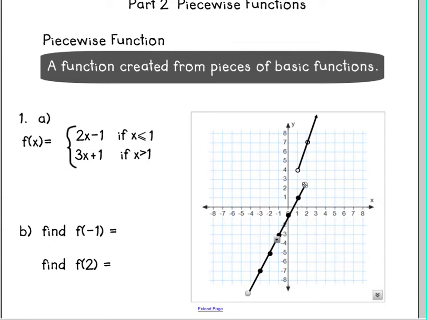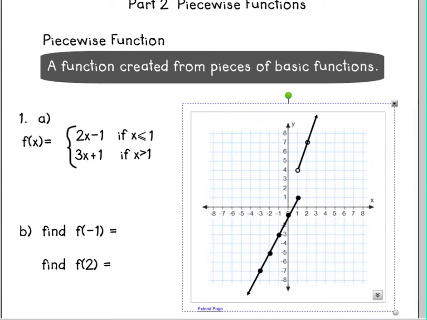I need x's that are equal to 1 or less. So I am going to have it start right there, and that's where the closed circle is, less than or equal to, open circle here, and that piecewise function has now been graphed.